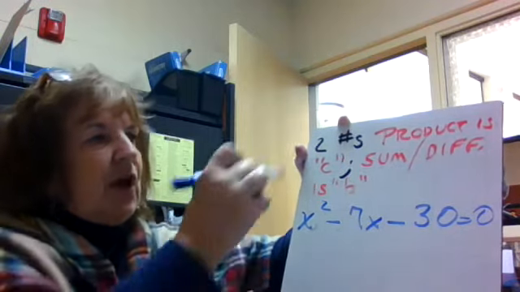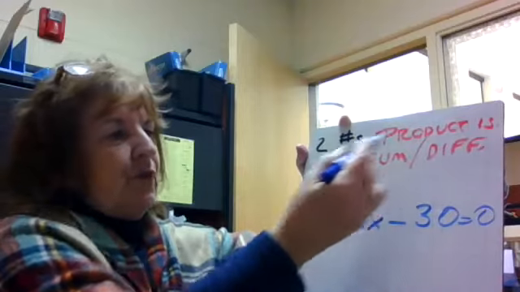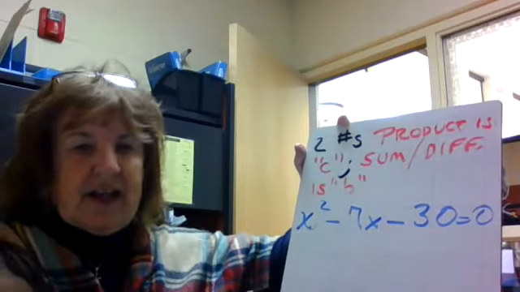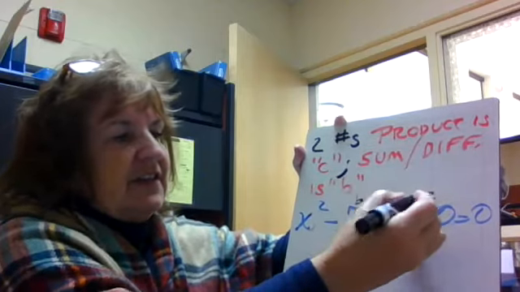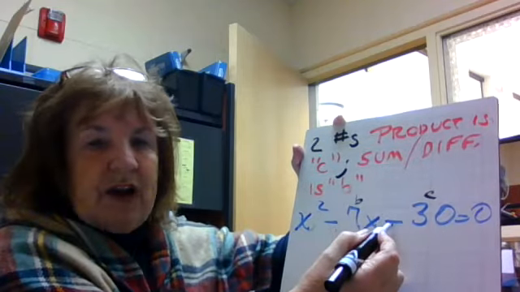Okay, we want two numbers whose product is 30. And again, if you need to, write this down. This is the B, this is the C, this is a subtraction.